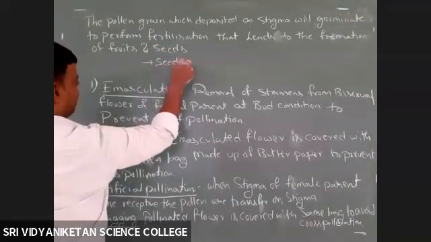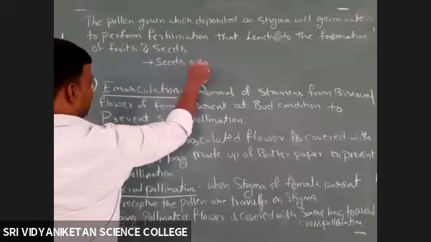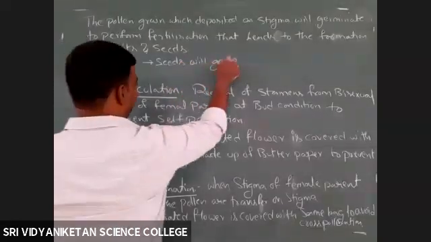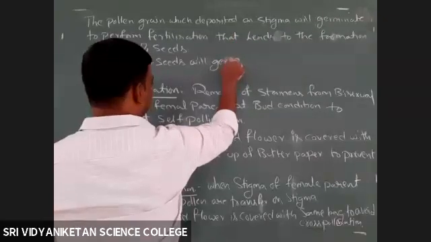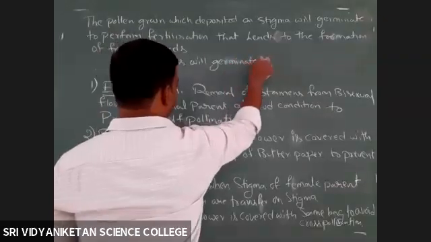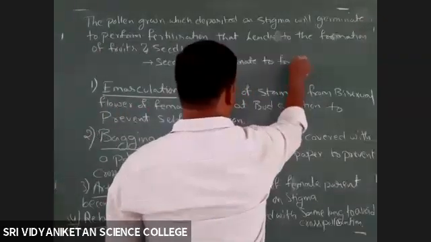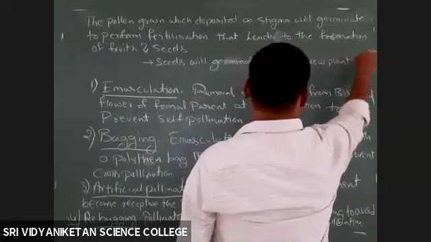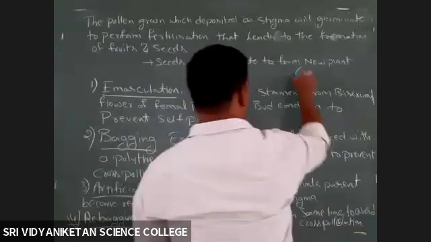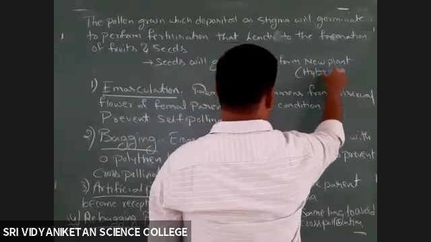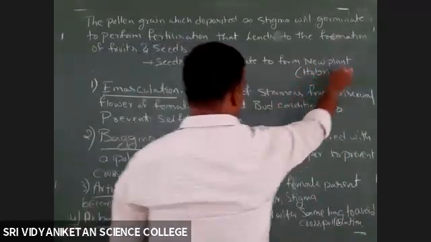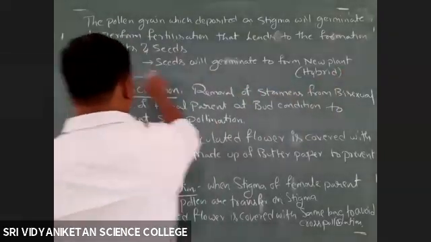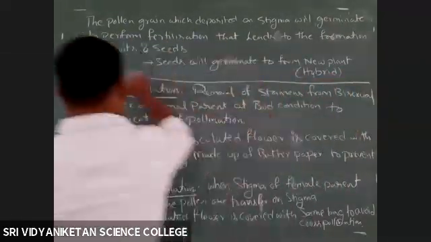Seeds will germinate to form a new plant. If it has both parental characters, it is called a hybrid plant.